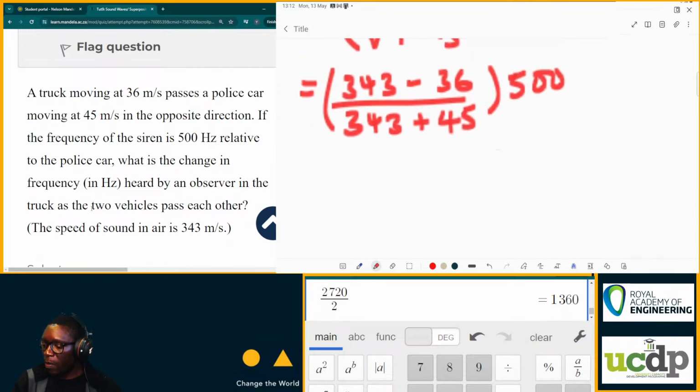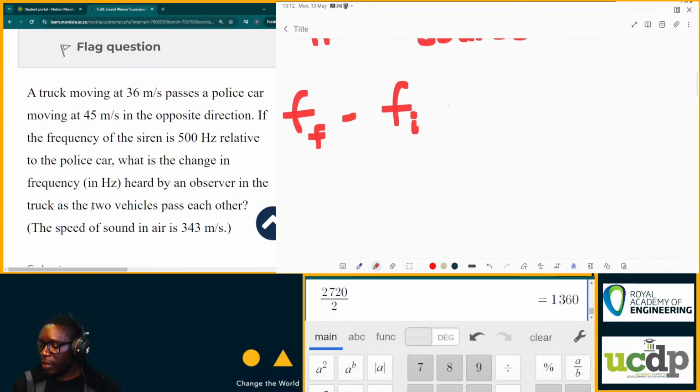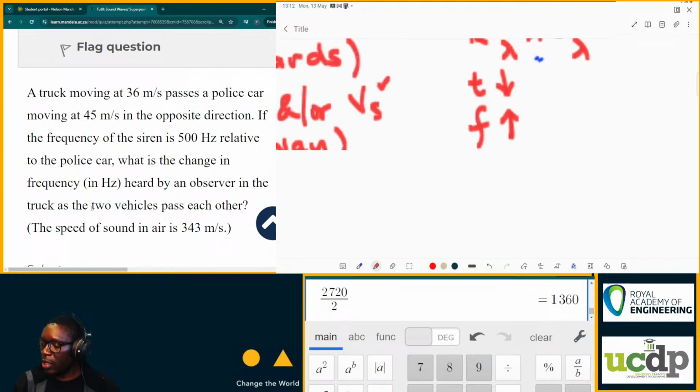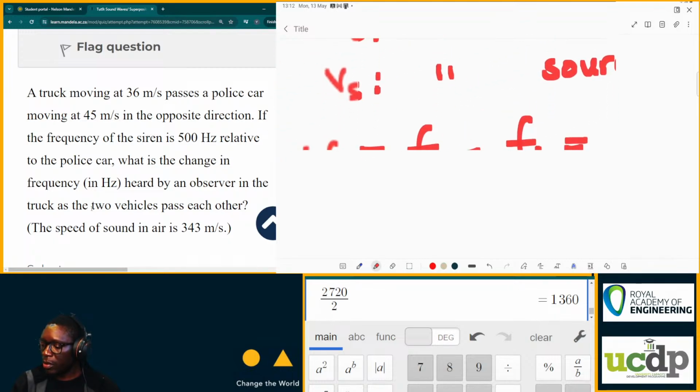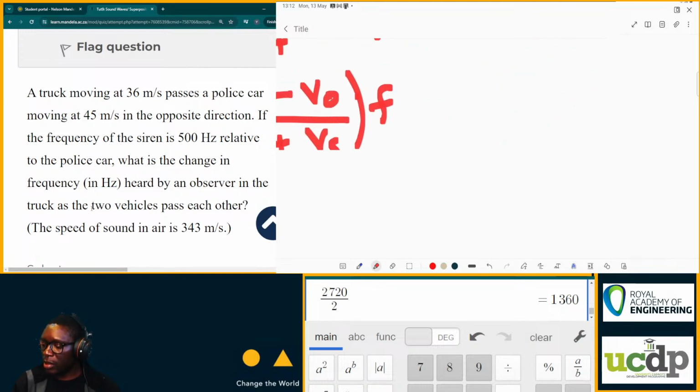So therefore, the calculation of delta F, the change in frequency there, is 395.6, or let me call it 396, minus the one that we got earlier, which was 636.